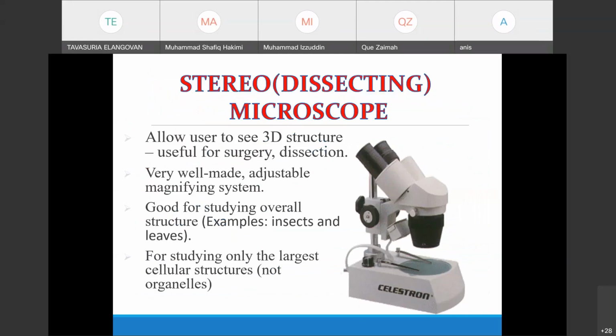For example, if you want to observe how the leaf structure looks like, you can place the leaf, the flowers, or any insect directly on the stage of the stereo microscope. However, the compound light microscope is used to observe small microscopic specimens. So normally you will use a slide to observe under the compound light microscope.